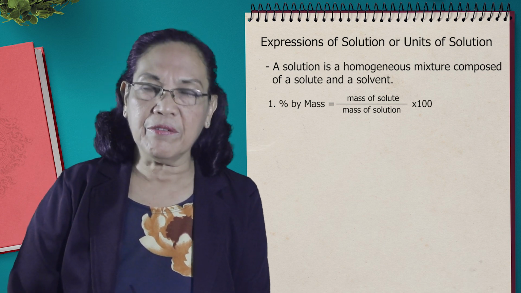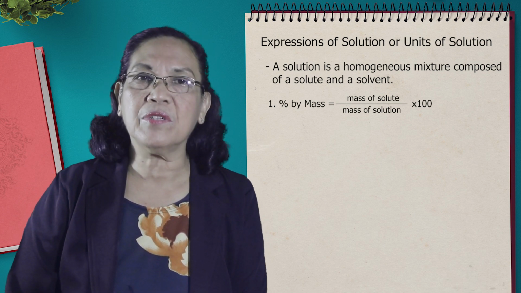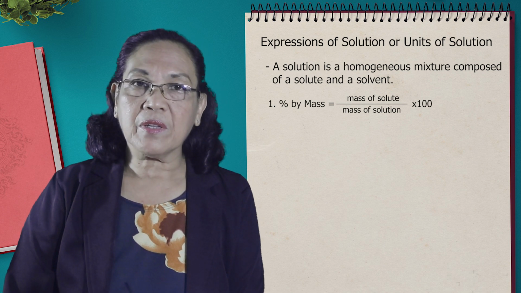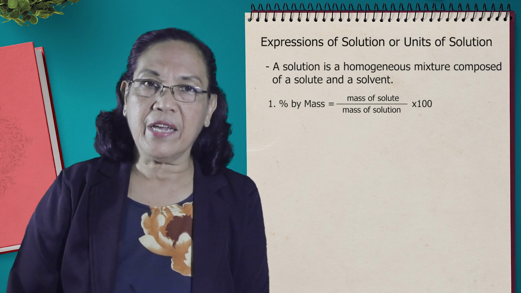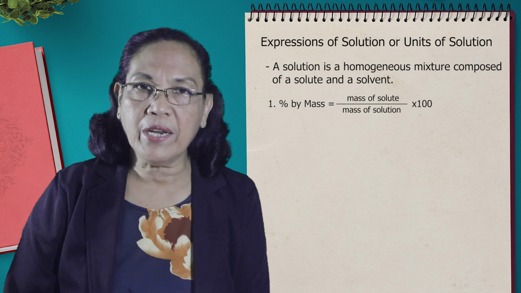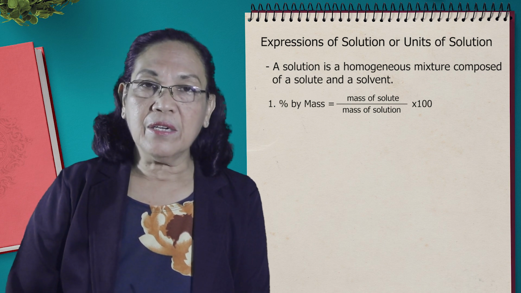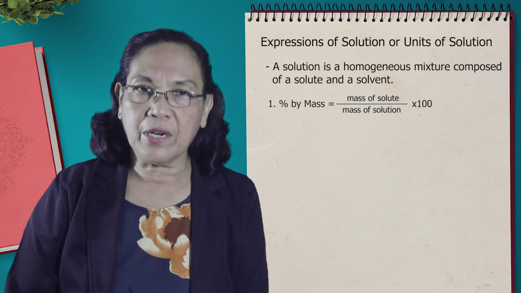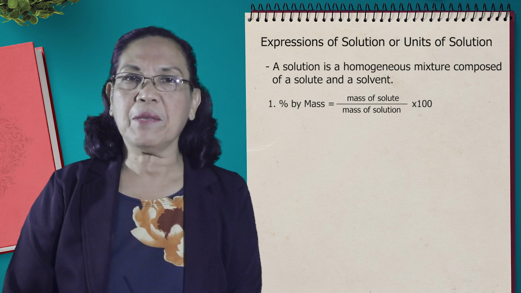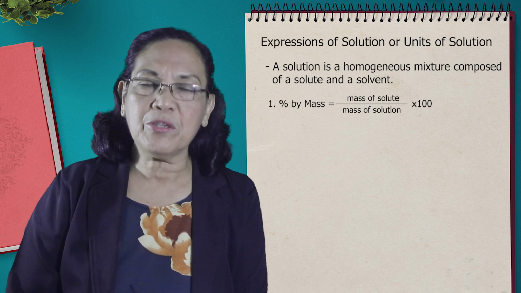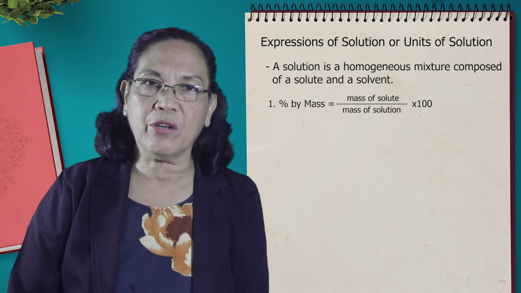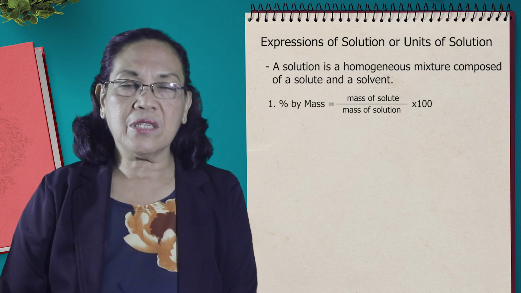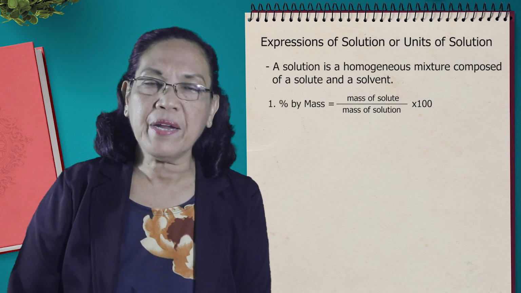So how do you convert to the number of grams of the solvent water? Since it is given there that it is 120 ml, we have to convert that 120 ml to grams. So just multiply that 120 ml by the density of water, which is 1 gram per ml.